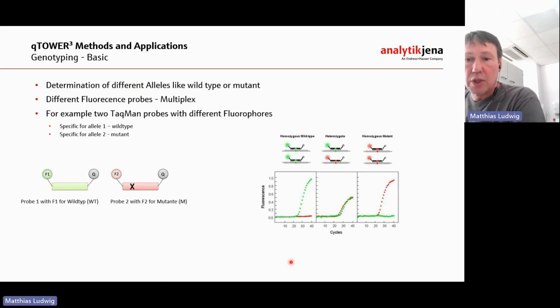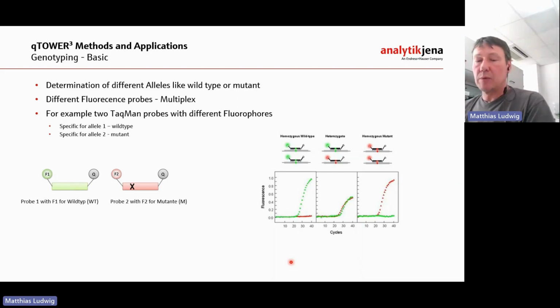The next one is genotyping. Genotyping is often used for the determination of different alleles, like wild type and mutant, to get an idea whether it is homozygous or heterozygous. For this, you need a multiplex assay, a duplex, triplex, or more than one.